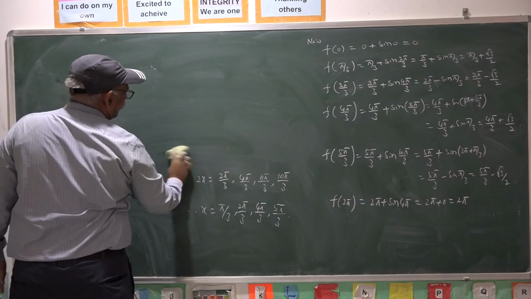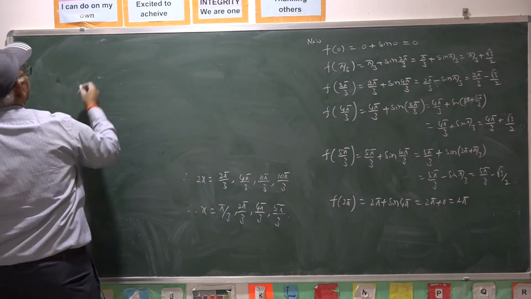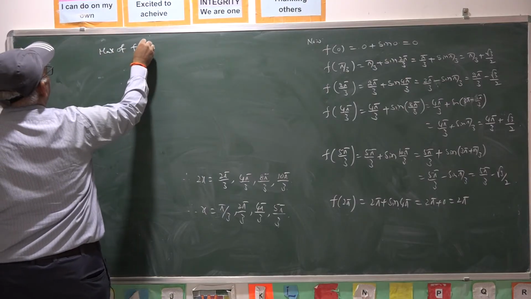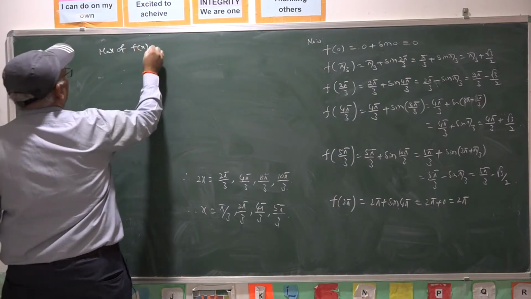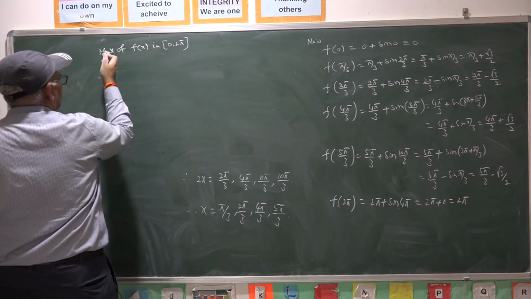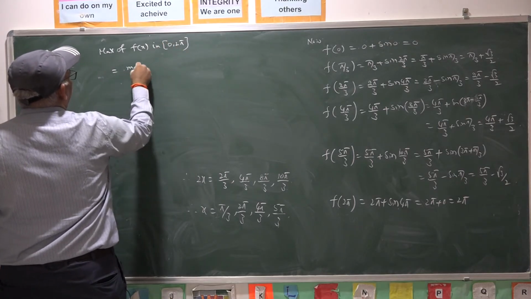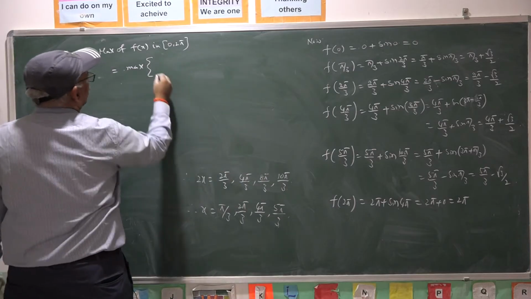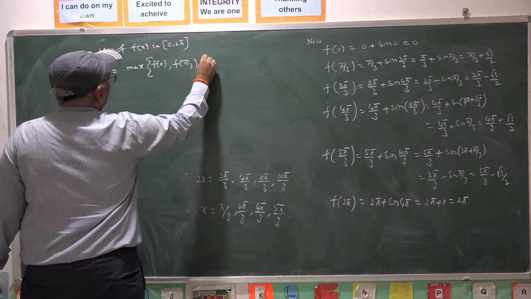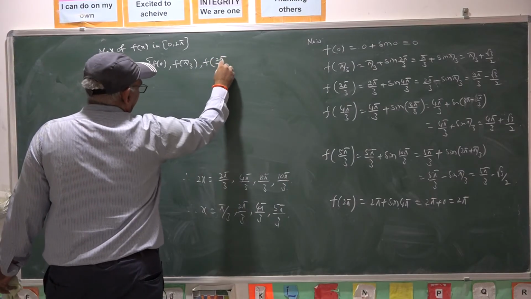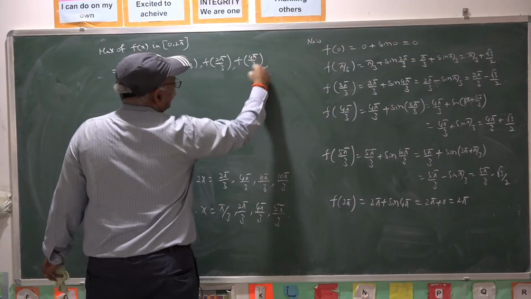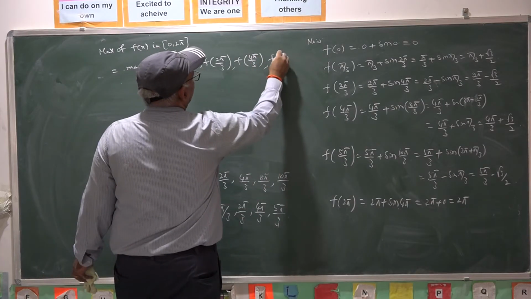The maximum of f of x in 0 to 2 pi is the absolute maximum. It is the maximum of f of 0, f of pi by 3, f of 2 pi by 3, f of 4 pi by 3, f of 5 pi by 3.